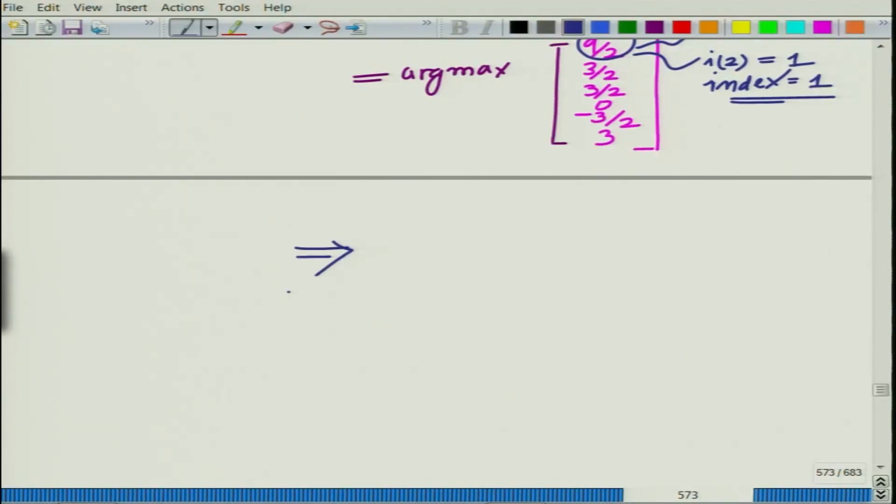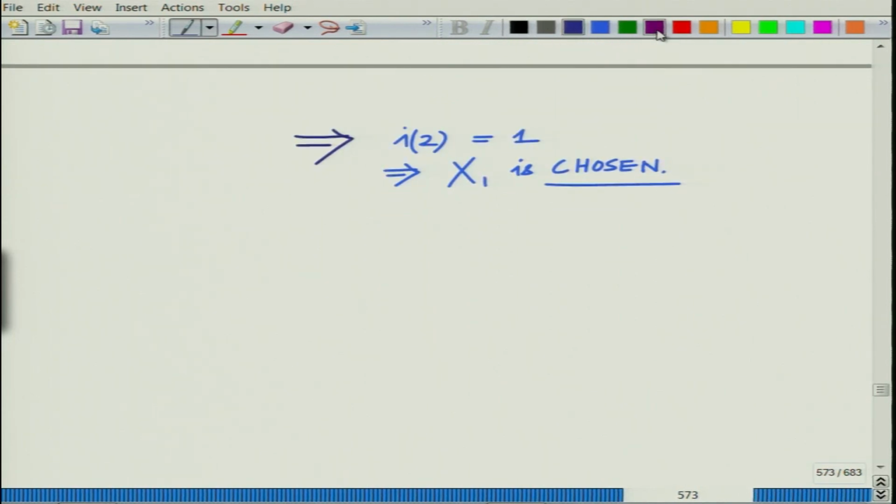So, I2 equal to 1 implies that x1 is chosen, which has the maximum projection on the residue.